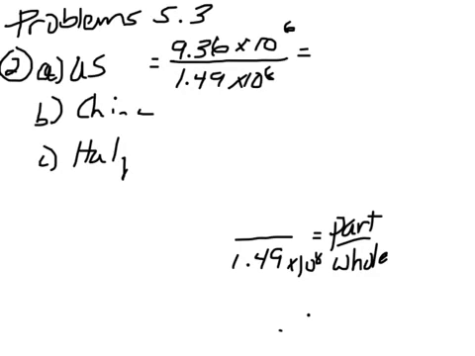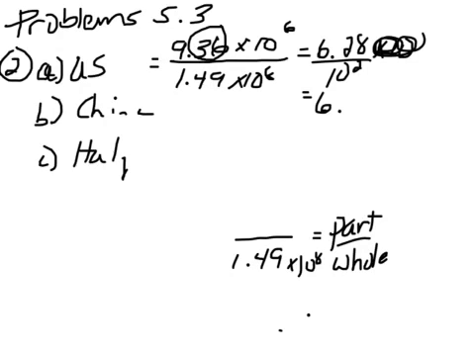So what's 9.36 divided by 1.49? Well, that ends up being 6.281. I'm just going to do 6.28 because they gave us 2 decimal places, so I'm going to round to 2 decimal places. Now, that is times 10, and remember, the 8 minus 6 is 2, right? But where does the 2 go? It goes on the bottom because it was bigger on the bottom. So this is 6.28 times 10 to the negative 2.